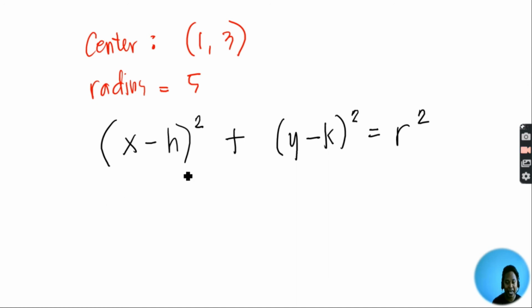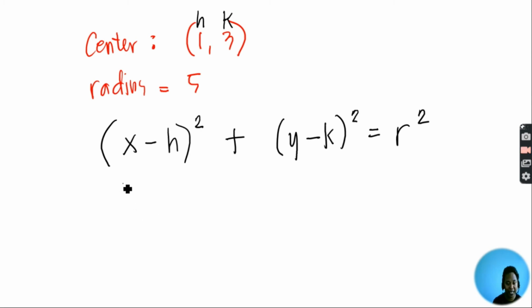Yung ating h and k dito, class, ay yung ating coordinates ng center. Yung h po is yung x coordinate, at yung k naman po ay yung y coordinate. Since puro positive yung ating value, we will remain the subtraction sign.